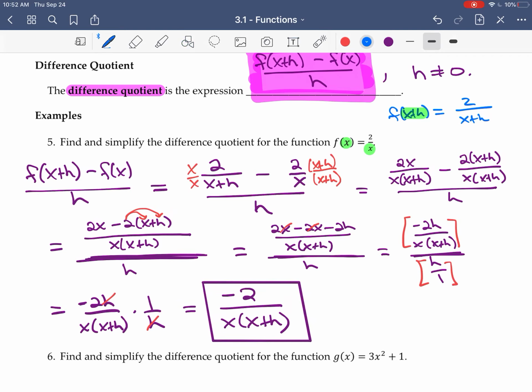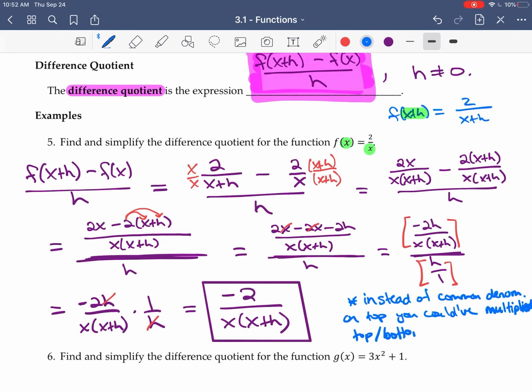Now maybe I'll just make a note here. Instead of making a common denominator on top, you could have multiplied top and bottom by the common denominator.